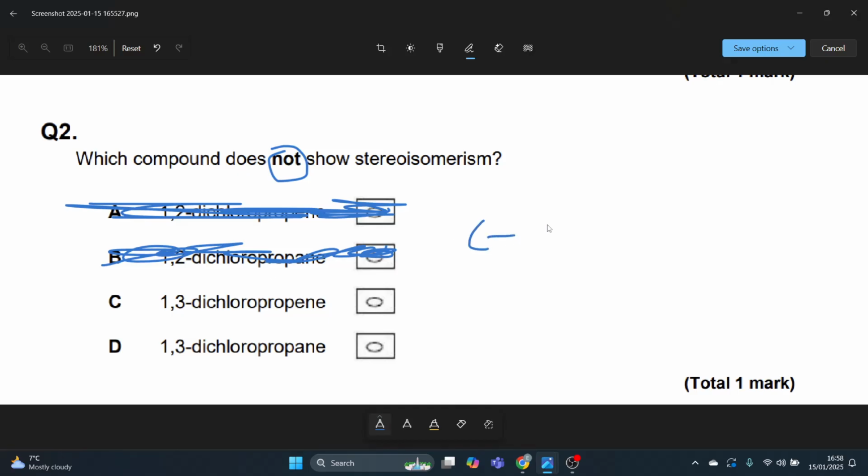1,3-dichloropropene: methane, ethane, propane, obviously we've got propene.